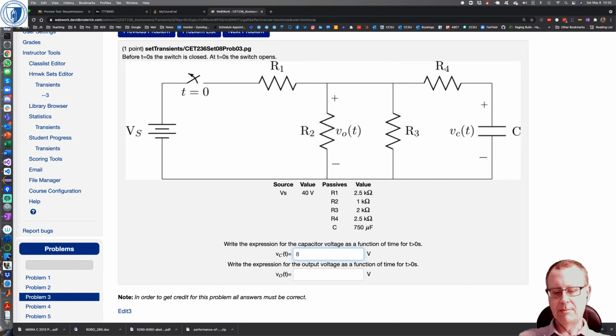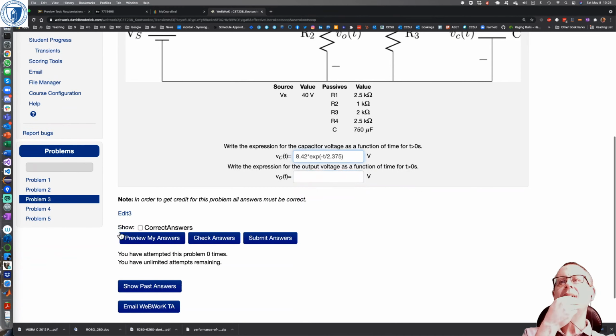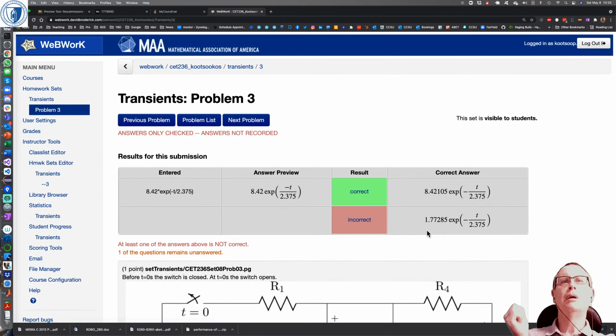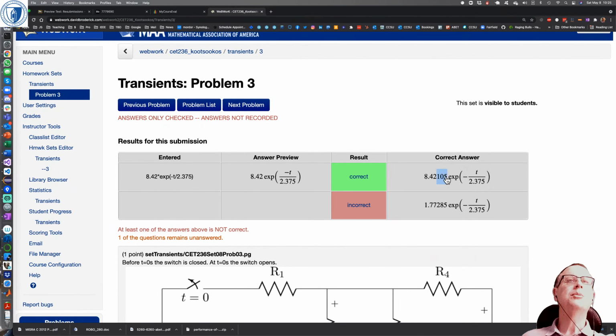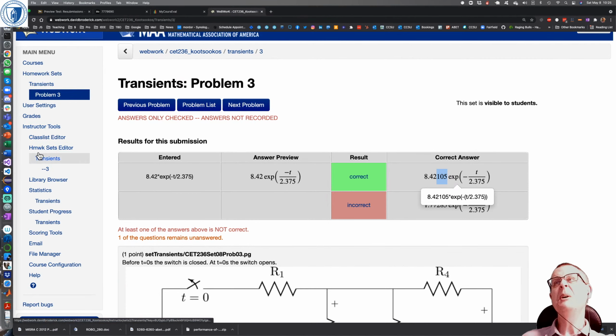I think that's right. Let's check and I'll show the answers. Yep, it looks like that's correct. I possibly could have given a few more significant figures, but that one's okay.